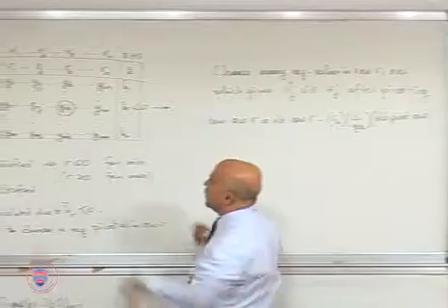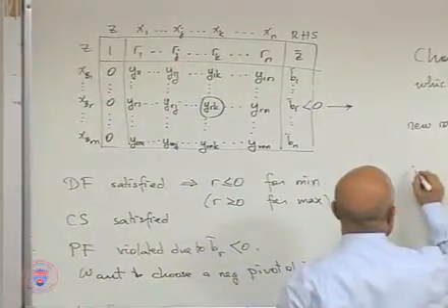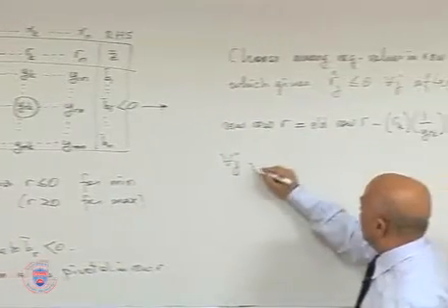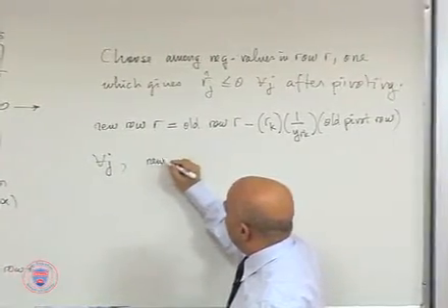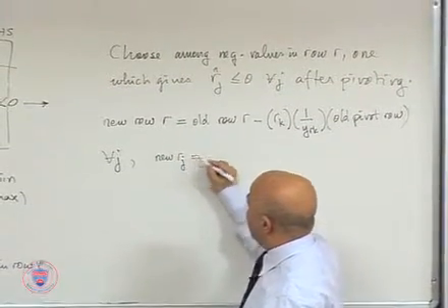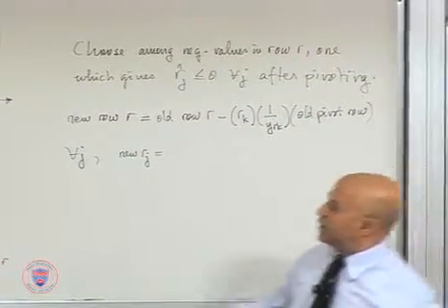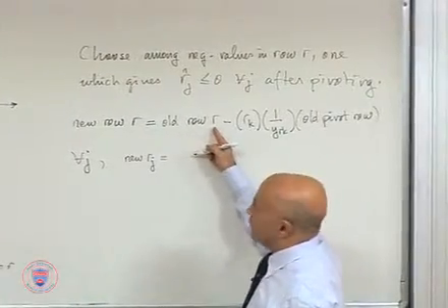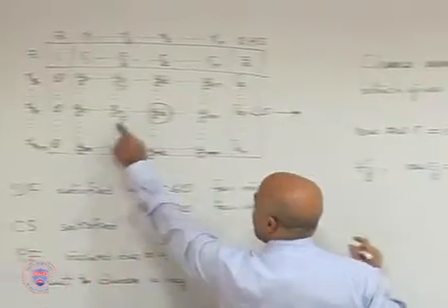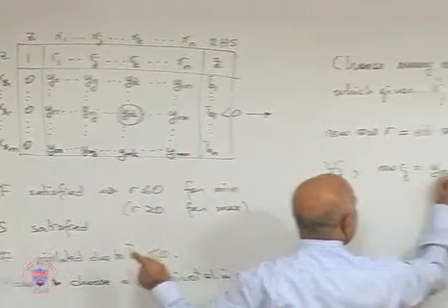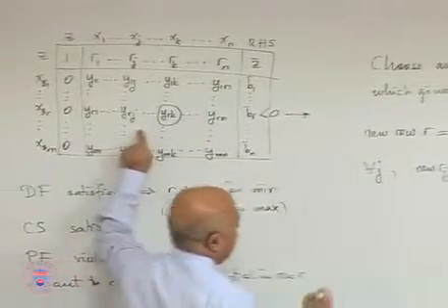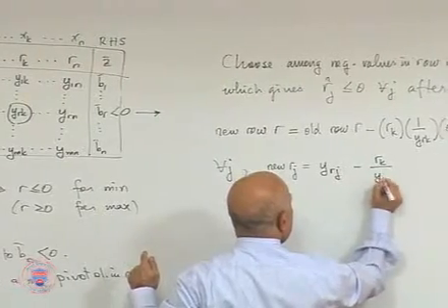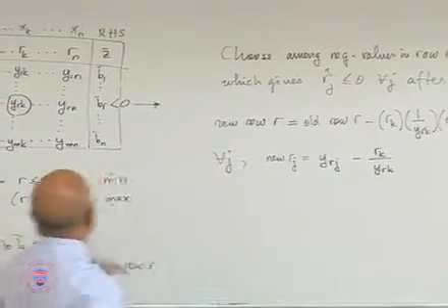So if you look at the jth element here, so for every j going from 1 to n, we're just looking at a particular element. The new Rj will be the old row R element, which is Rj, right? Minus Rk times 1 over Yrk times Yrj.